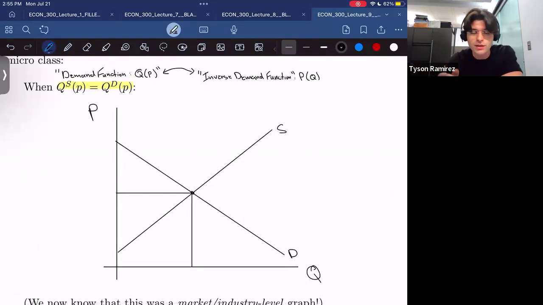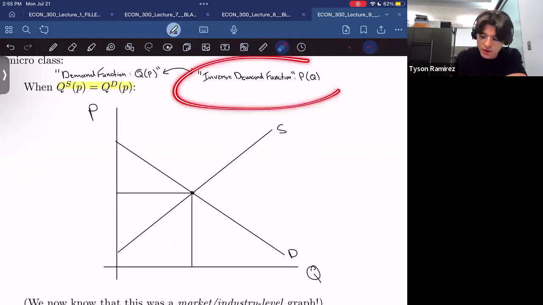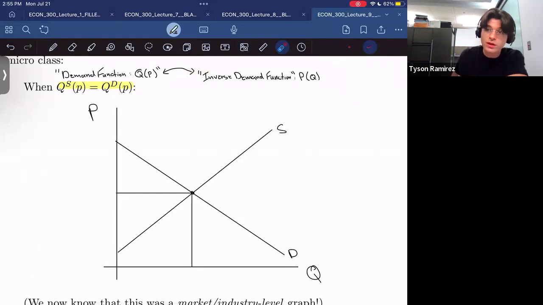When you're first starting out, we usually start with the inverse demand function. We usually like to work with this one because we are used to seeing price on the y-axis. And so if y is a function of x, then we have p as a function of q. But computationally, there's little to no difference between the two.